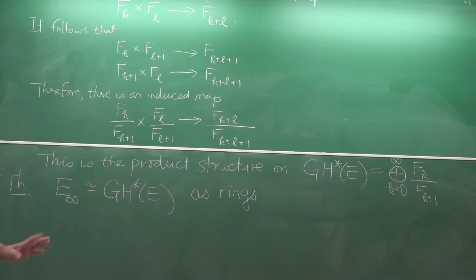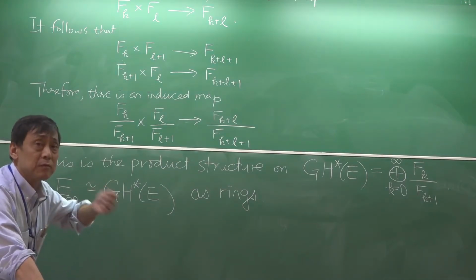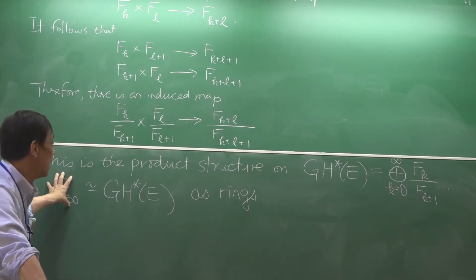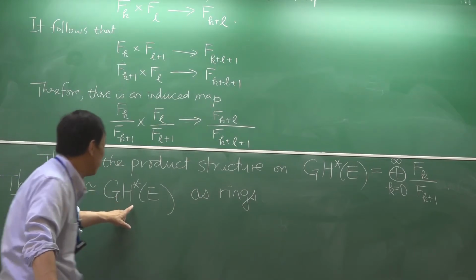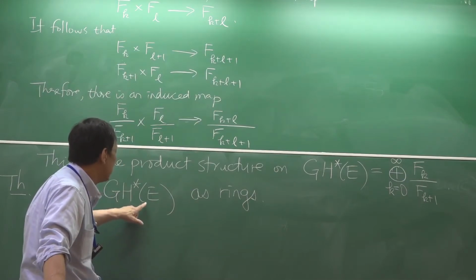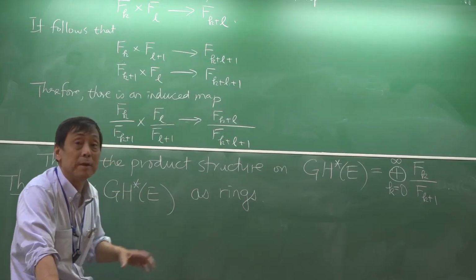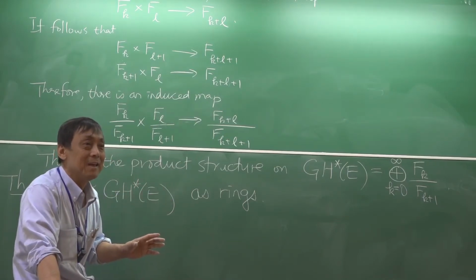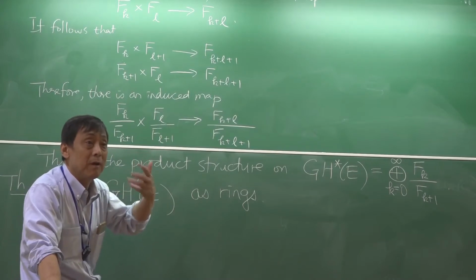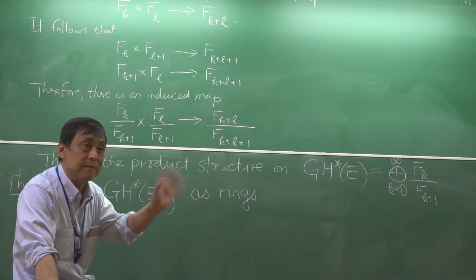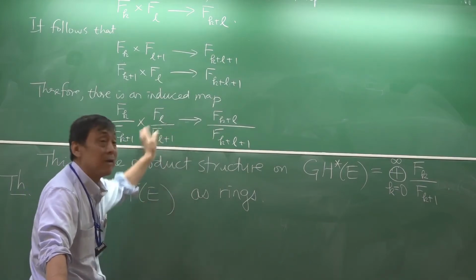Okay, so what does this mean? This means that when you use a spectral sequence to calculate cohomology, if you can calculate E infinity, then you know how the equivalence classes of cohomology in this associated graded multiply. And then you have to try to figure out the ring structure from how the equivalence classes multiply in here.